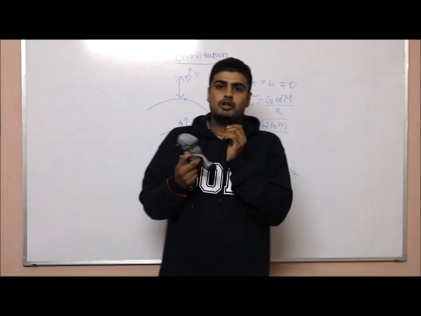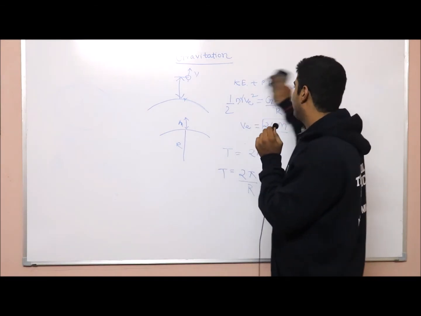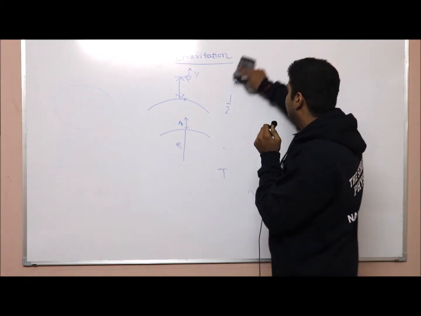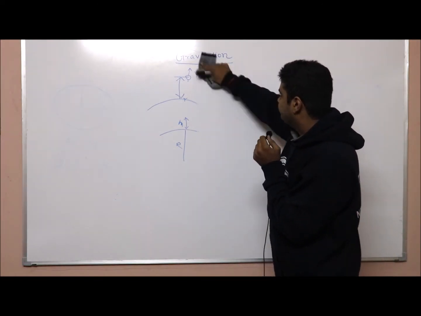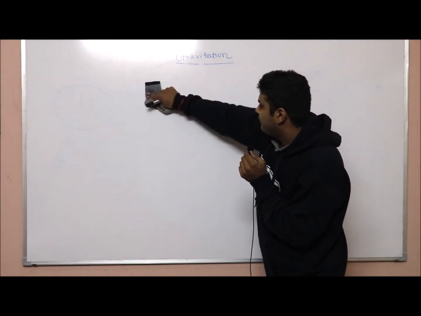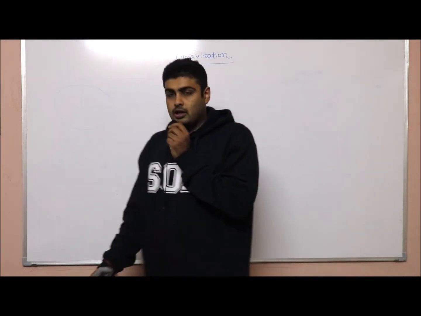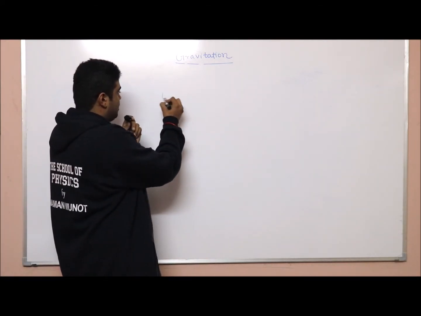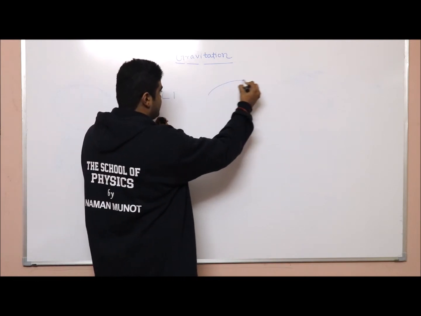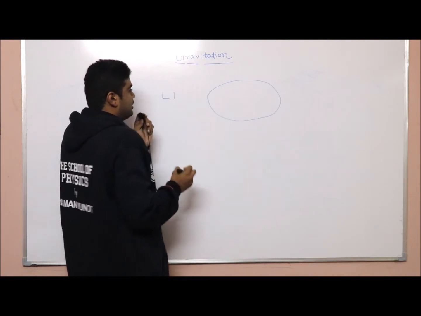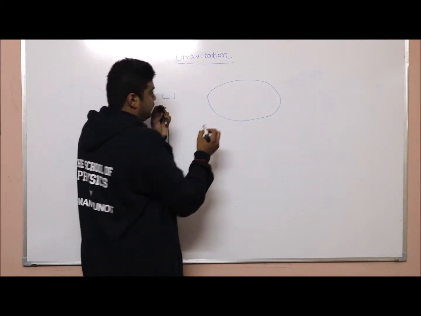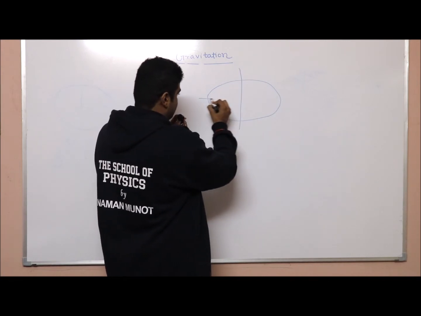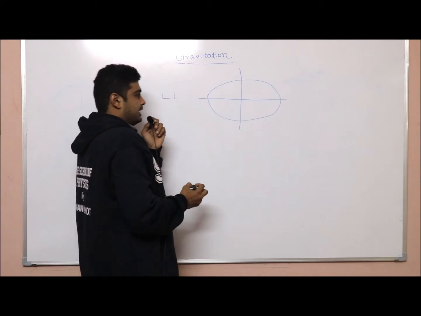Next thing that we are going to talk about is Kepler's laws, Kepler's 3 laws, and then our gravitation is over. So Kepler's 3 laws, very simple laws. Law number one: this is an elliptical orbit. First of all, I'll teach you what an ellipse is. An ellipse has a semi-major axis and a semi-minor axis.